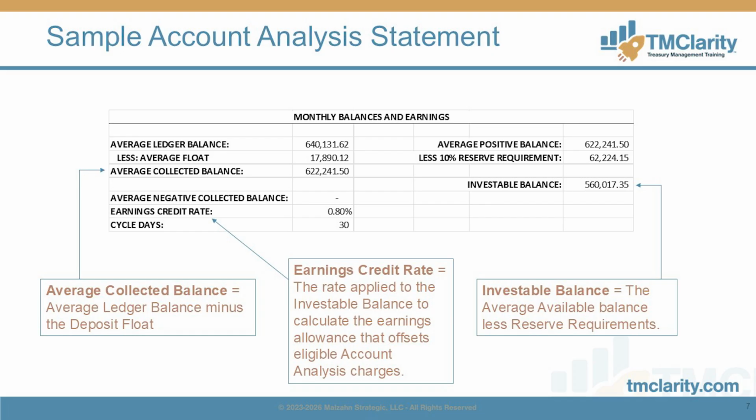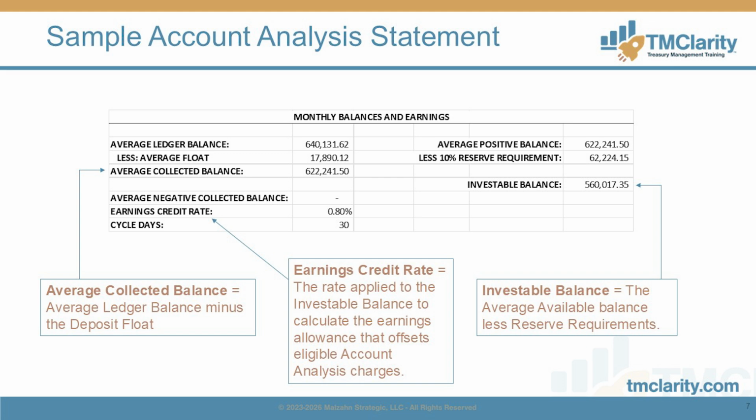So in this example, you have the average ledger balance, less float, gives you the average collected balance. You have the earnings credit rate at 80 basis points, which is high actually. Right now, the average that I'm seeing nationwide, including the latest rate cut, because that influences your ECR, I'm seeing an average on the low side from 20 basis points all the way to 80 basis points up to 1%.